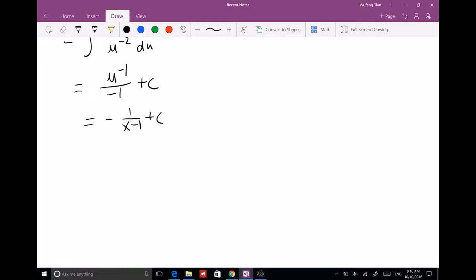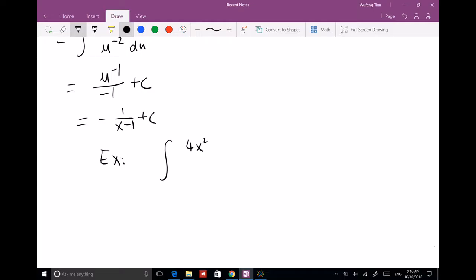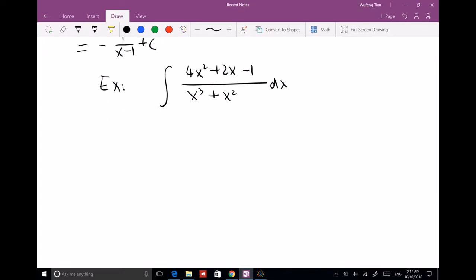But that's not really a hard problem. Okay, this one. So example: 4x squared plus 2x minus 1 over x cubed plus x squared dx. Okay, I want you to try it first. I'll give you 2 minutes. Try it your best by yourself.